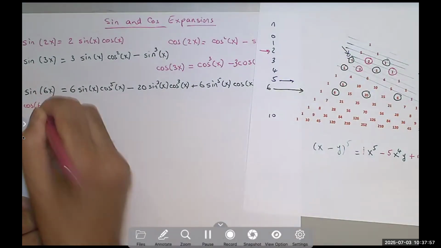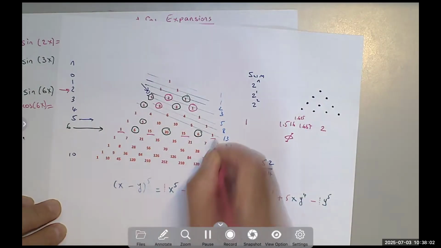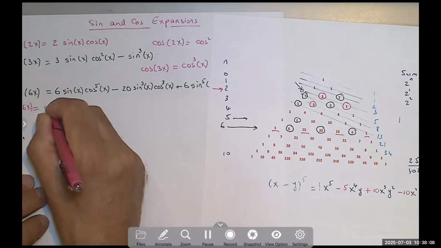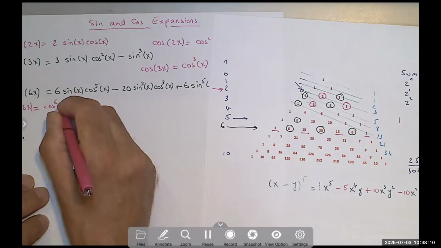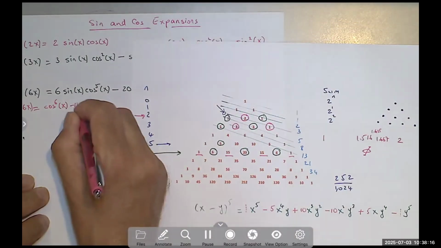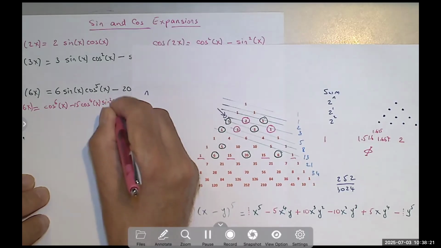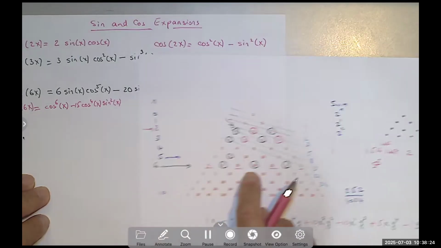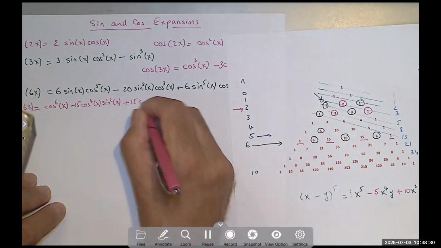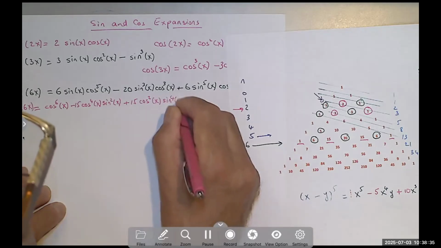Now let's take cosine. Cosine 6x will have 4 terms, not 3, because I'm going to take the first, the third, the fifth, the seventh. So maybe we'll need more space. Okay, so the first one is cosine to the 6th x, minus 15 cosine to the 4th x sine square x, plus 15 cosine square x sine to the 4th of x.